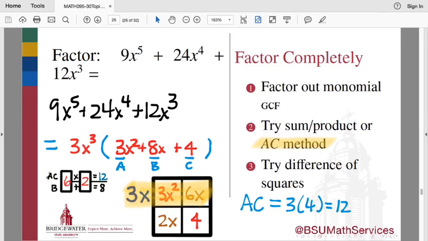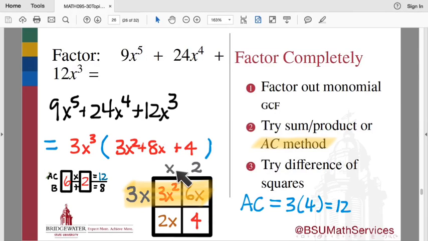What's great about that is that now that I did that step, the rest of this table is going to fill itself in. Because I just have to answer, what's the missing factor between 3x and 3x squared? It's x. 3x times x gives me 3x squared. What's the missing factor between 3x and 6x? 2. 3x times 2 is going to give me 6x.